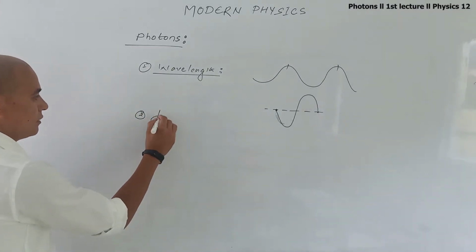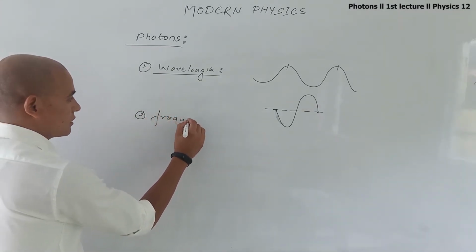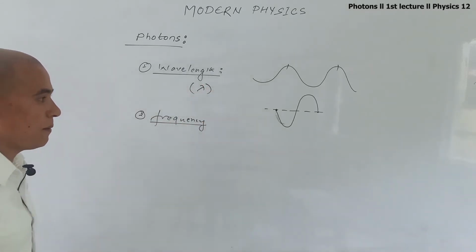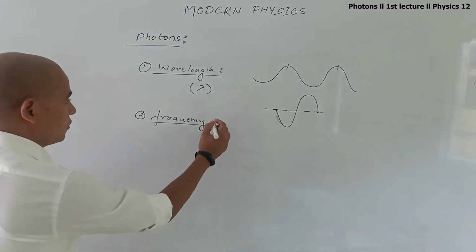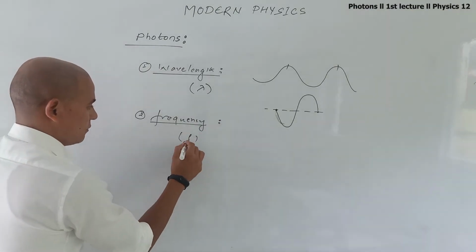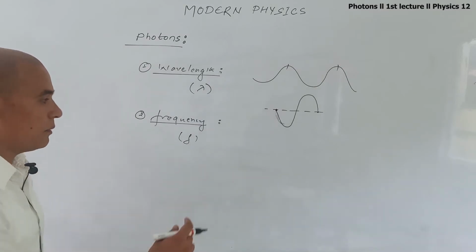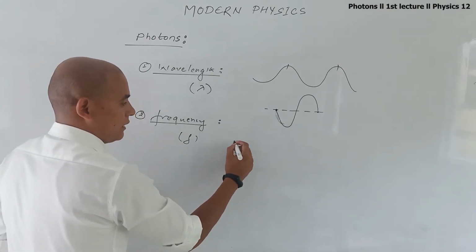Next, number 2 is frequency. Wavelength is represented by lambda, and frequency is represented by f. Frequency means the number of cycles completed in 1 second.